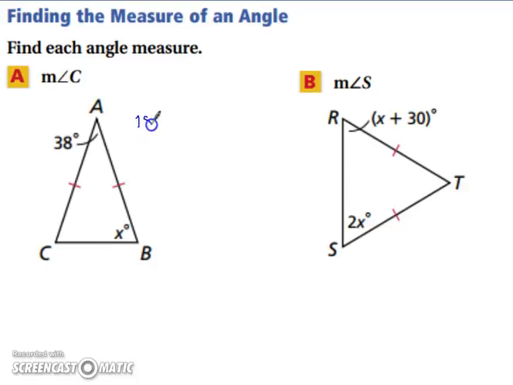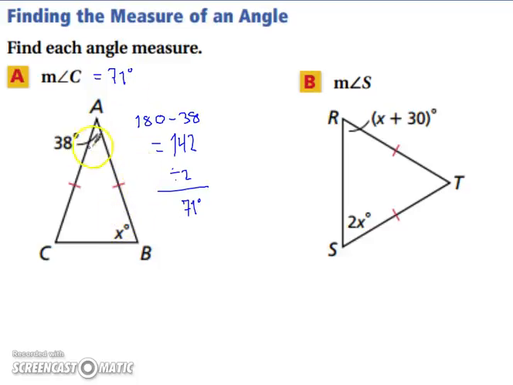So 180 minus 38 gives 142, meaning these two angles together are 142 degrees. Each of them has to be the same measure, so take half of 142, which is 71 degrees. So the measure of angle C is 71 degrees.